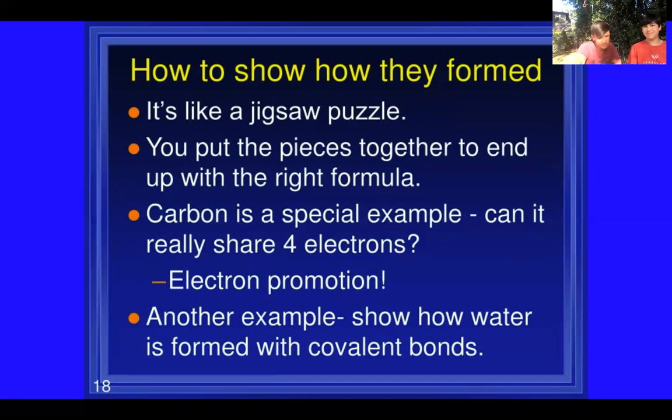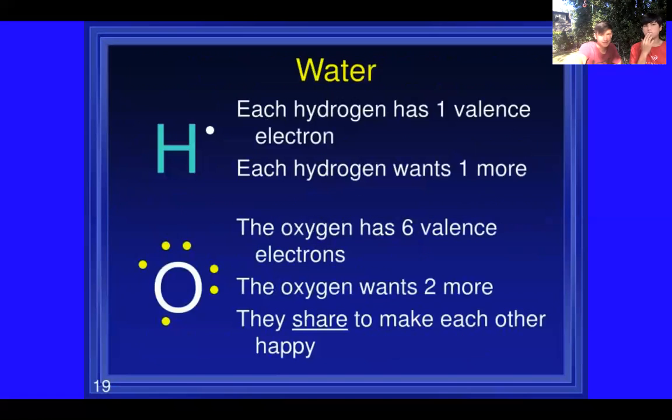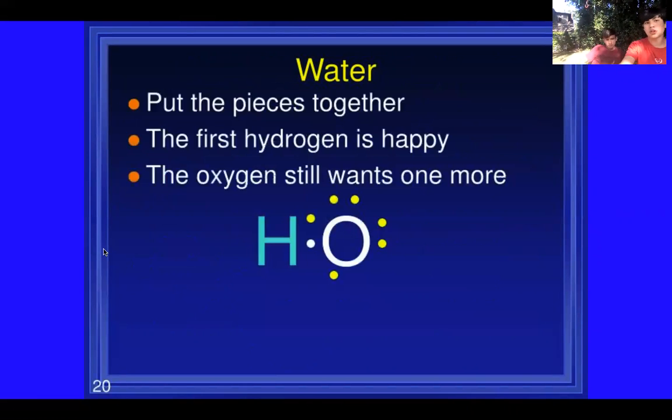Carbon is a special example, and it can share 4 electrons, which is quite the upgrade from the regular 3. Another example shows how water is filled up. Here's water, people. Hydrogen has 1. Oxygen has 6. So this one hydrogen comes up and he wants to share.